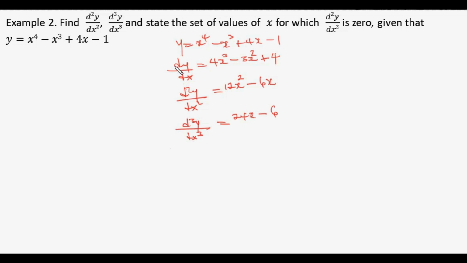Now we are also asked to state the values of x for which the second derivative is 0. So if we put d squared y over dx squared equal to 0, we know the value, which is 12x squared minus 6x. Write it here, 12x squared minus 6x is equal to 0.